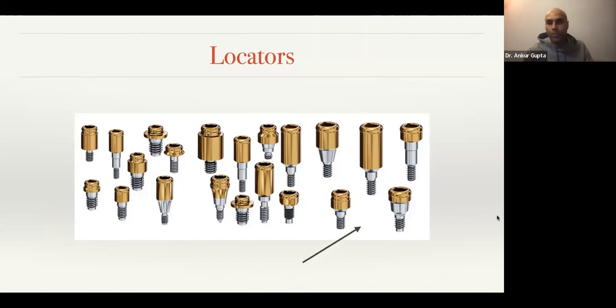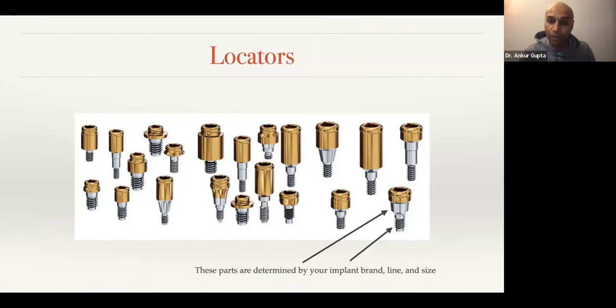First of all, this silver part on the bottom of all of these locators, determining what to order, what that silver part will be shaped like, is simple. The silver part of your locator is determined by your implant brand, line, and size.